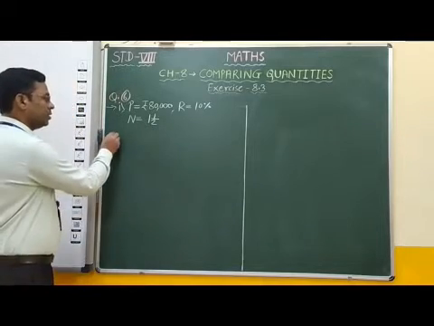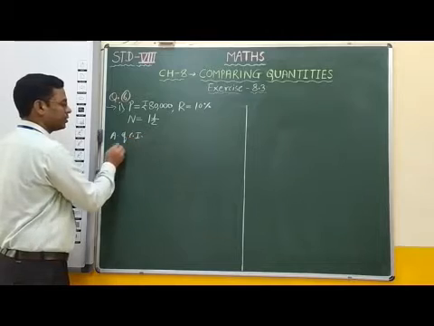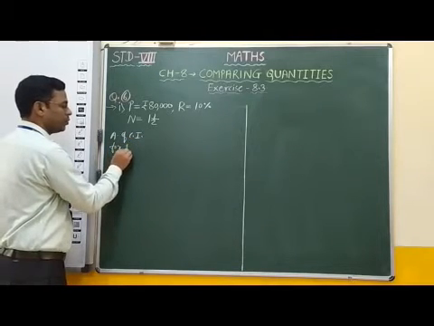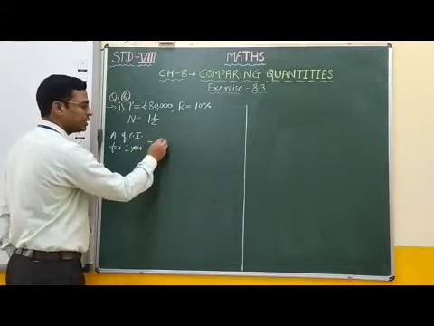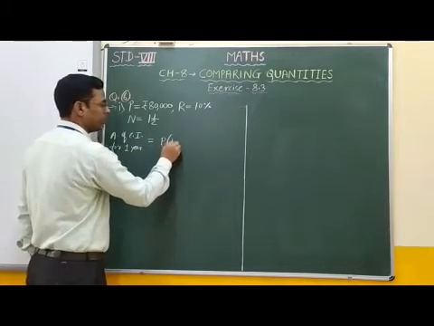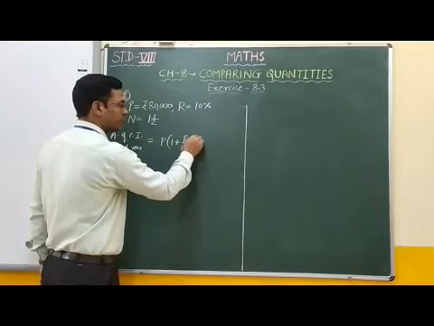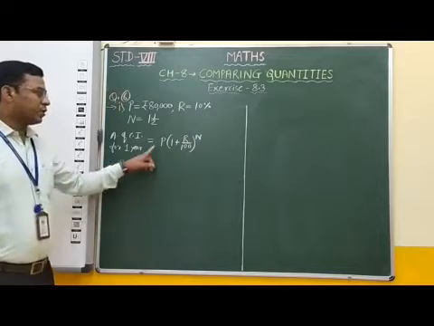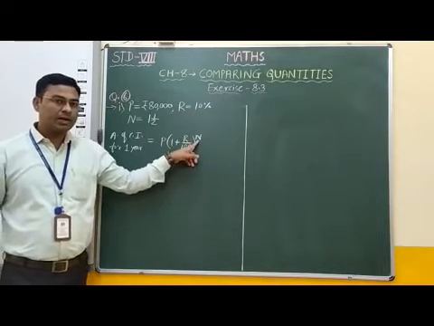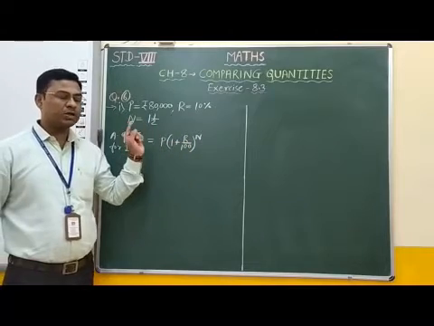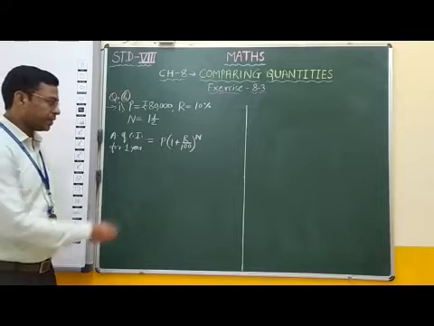Therefore, the amount for 1 year is equal to, now the formula is P into bracket 1 plus R upon 100 raised to n. Now here P is equal to 80,000, R is equal to 10, and n is equal to 1 because we have to find the amount for 1 year.